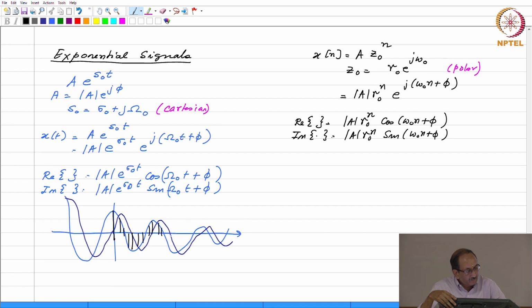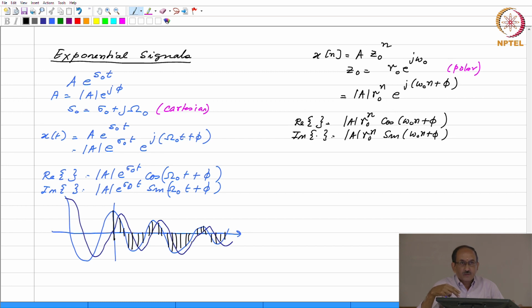So this is the so called stem plot. The independent axis will be n, and then you will plot the samples of x of n, real part versus n, imaginary part versus n. So looks like these two are very, very similar. One after all seems to be taking sample values of the other.